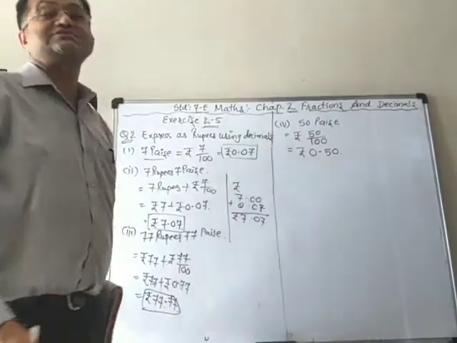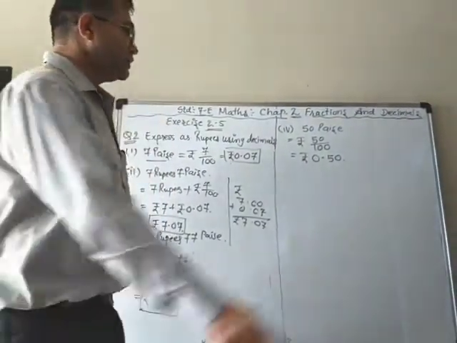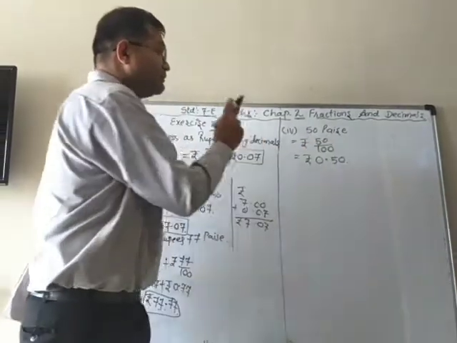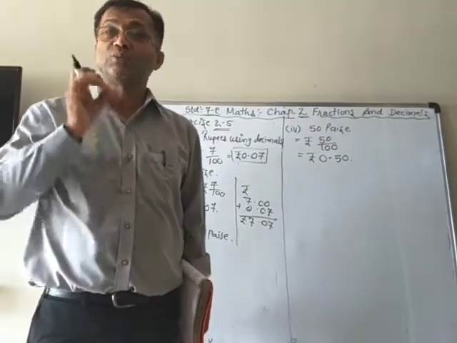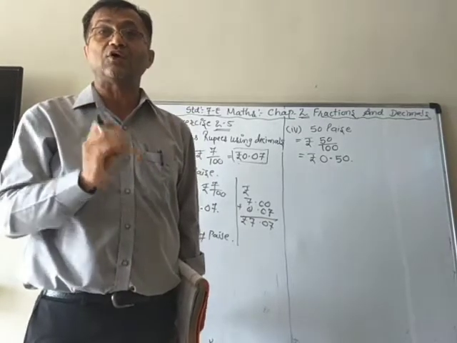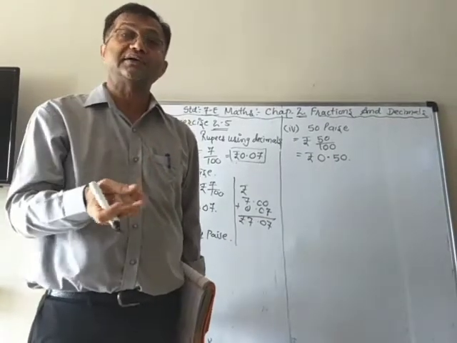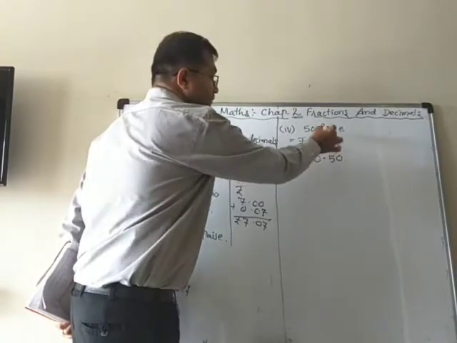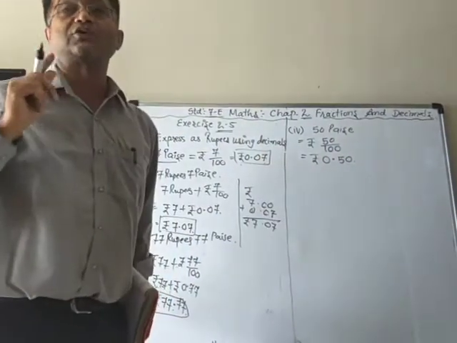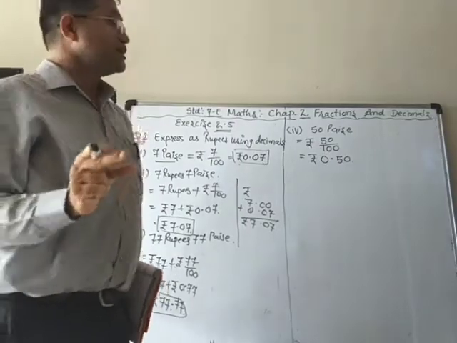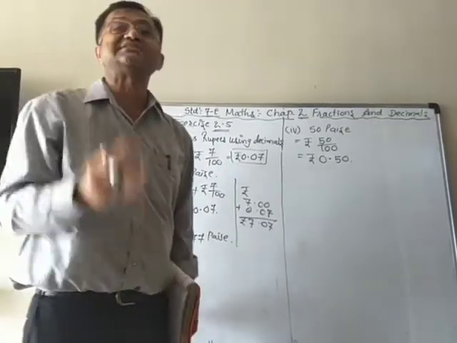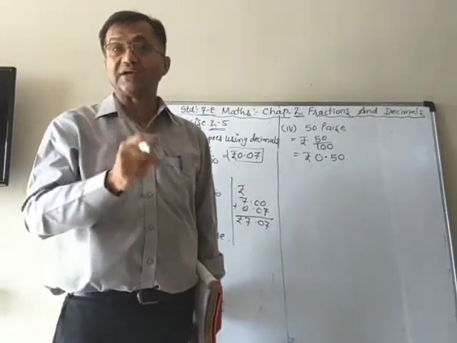Here 0 is necessary. If you don't write it, it is also fine, but when we know that paise will be in 2 digits sometimes, so mostly we write the 0 at the end. Whenever we are talking about rupees and paise, we keep 2 digits after the decimal. So we don't cancel that 0.